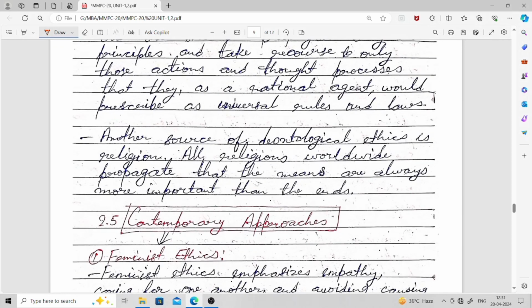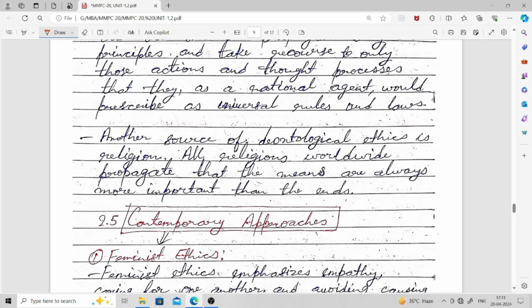Another source of deontological ethics is religion. The first source was the rules and regulations and the responsibility, and the second one is religion. So from these sources the deontological ethical system came out. All religions worldwide propagate that the means are always more important than the ends.